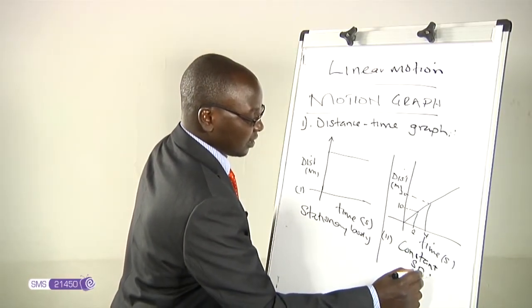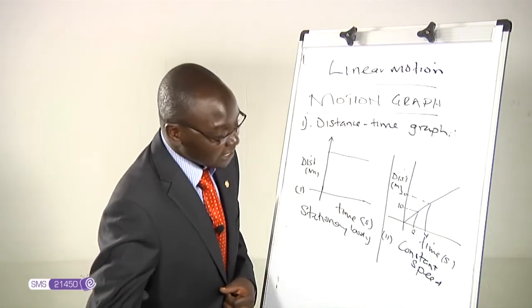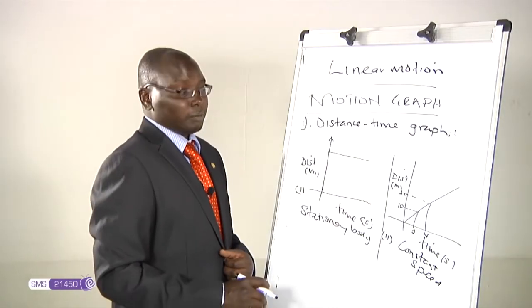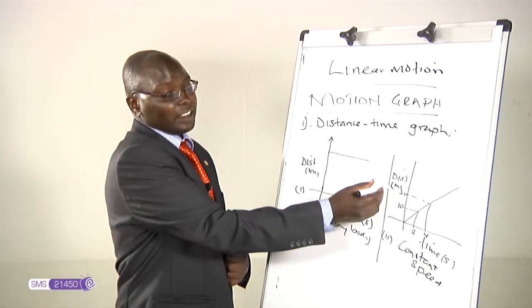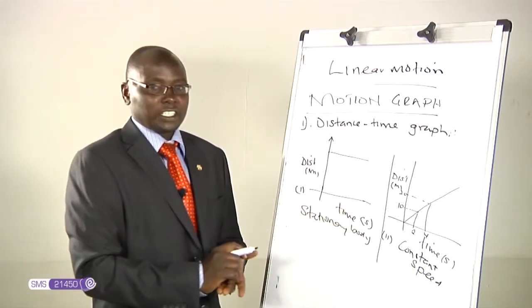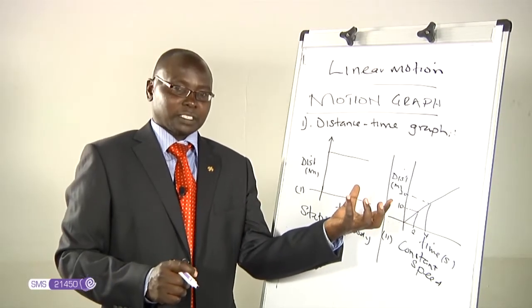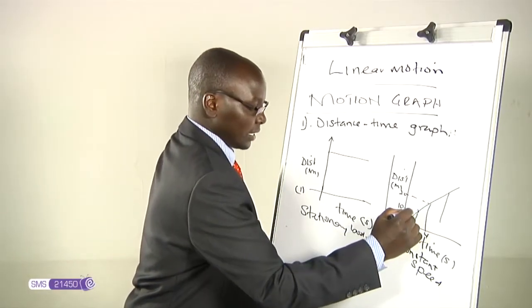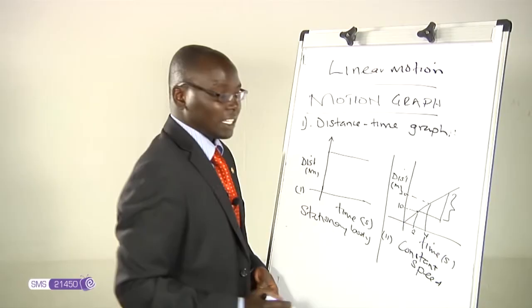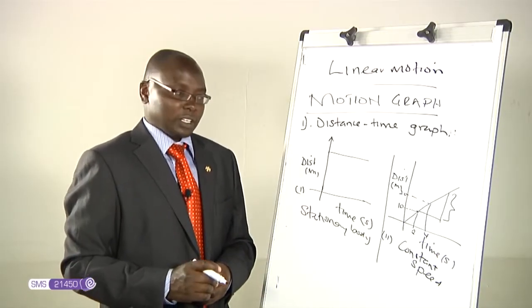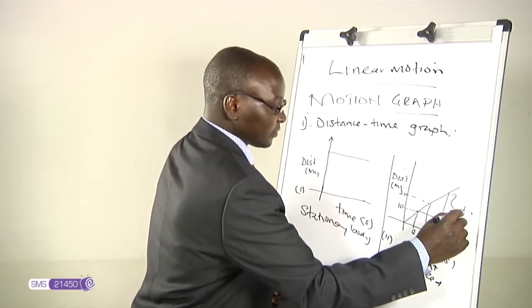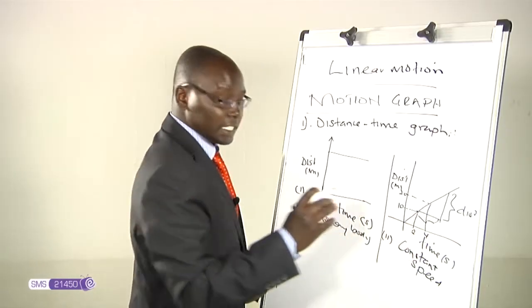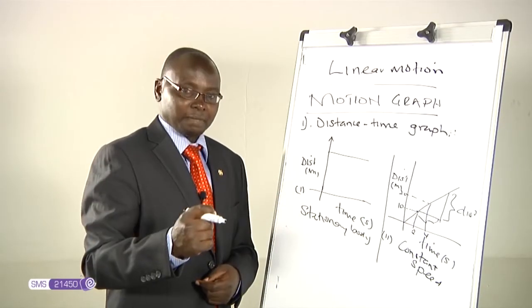Constant speed. Why do I say speed? Because here we have the distance. So from this graph itself, the gradient would give us the speed. Suppose I draw a triangle there. What I have on the y-axis is the distance, and the change on the x-axis gives me time.